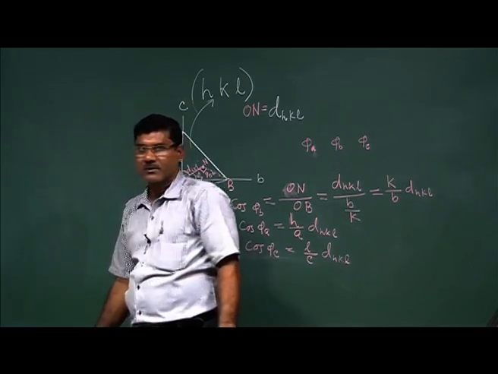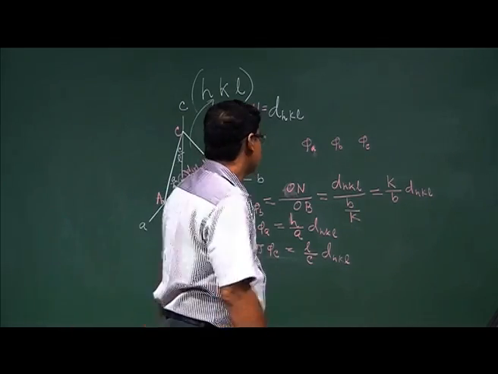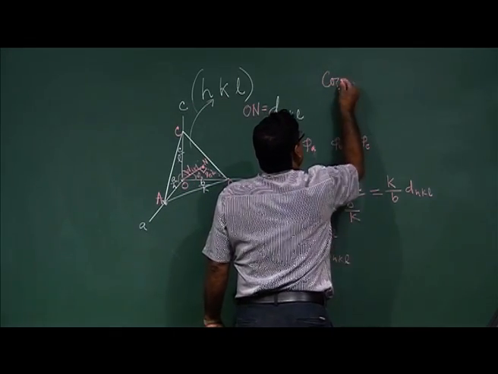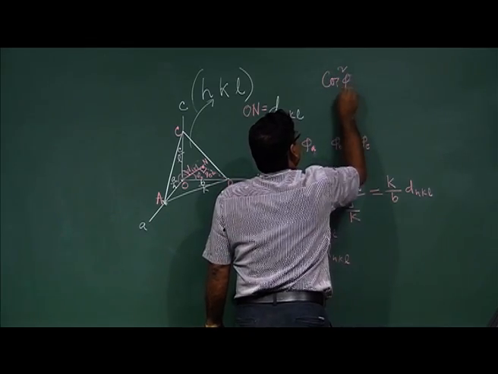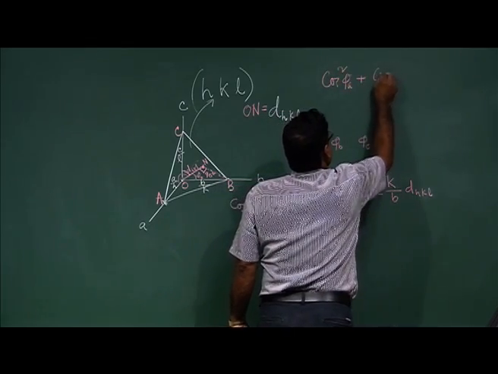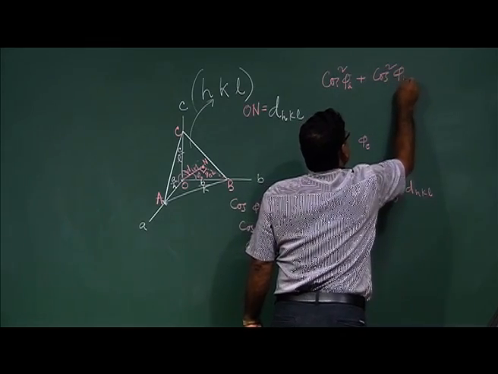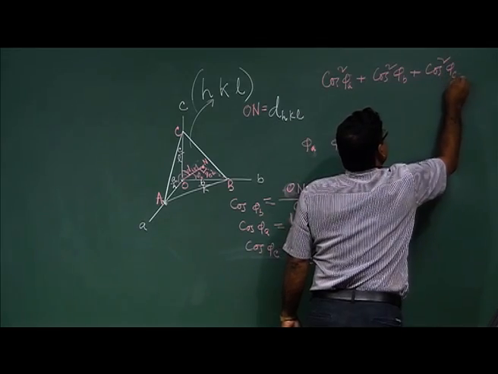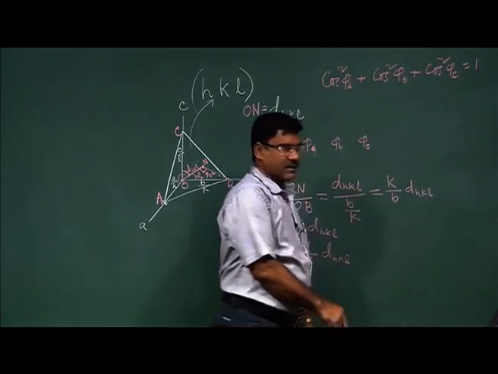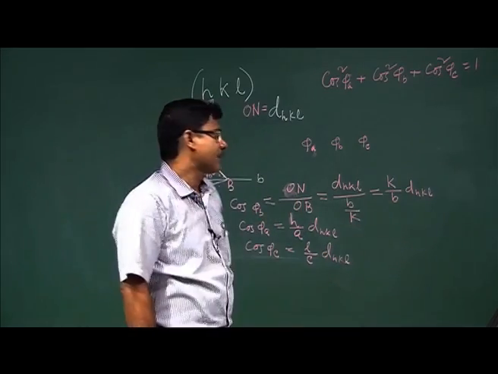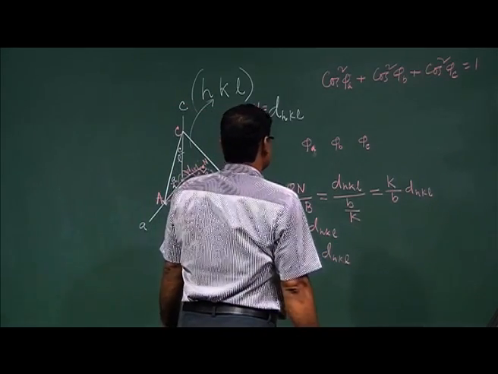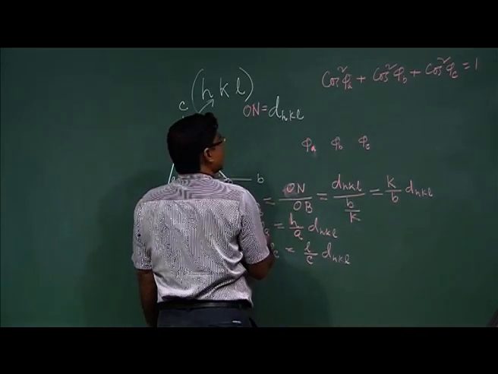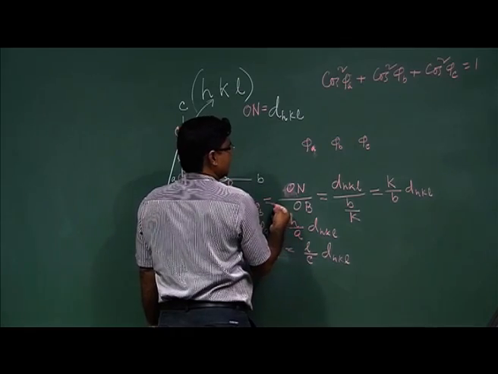So it follows the direction cosine rule: cos square phi A plus cos square phi B plus cos square phi C equals 1.